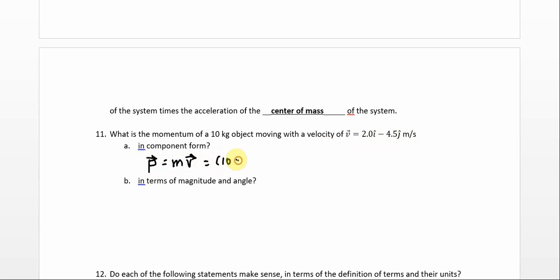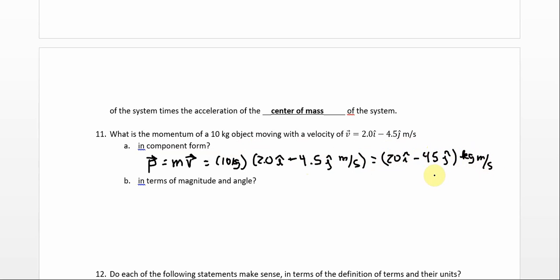So it's going to be 10 kilograms times this velocity. And so what we'll get is 20 i, because I'm just multiplying by 10 on each component, minus 45 j, and that'll be kilograms meters per second, which is the right units for momentum.